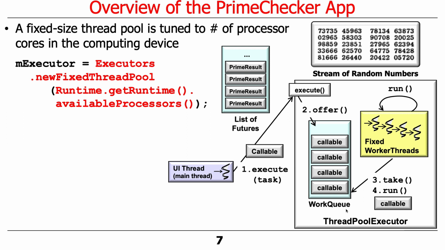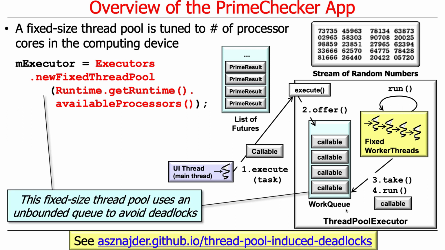And so back in those days, the number of processors was the number of processors that were on the computer. Nowadays, it's much more likely to have a number of cores on a given CPU. So they just kind of hijacked that method to return the number of computational elements that are available at the hardware level. By default, the fixed thread pool will use an unbounded queue in order to avoid deadlocks.